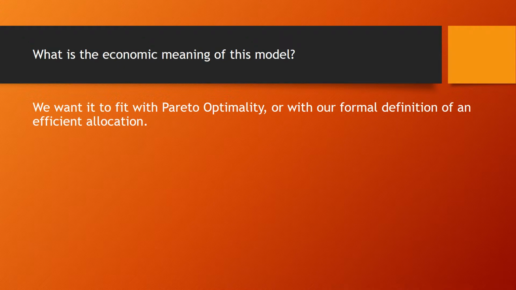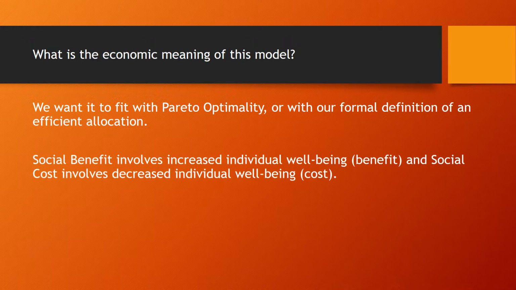Okay, let's see how this optimality model that maximizes net social benefit is consistent with our formal definition of efficiency as Pareto optimality. When we think about social benefit, it will involve increased well-being by individuals in the community, and social cost will involve decreased well-being by individuals in the community. Thinking like an economist, we focus on each individual.